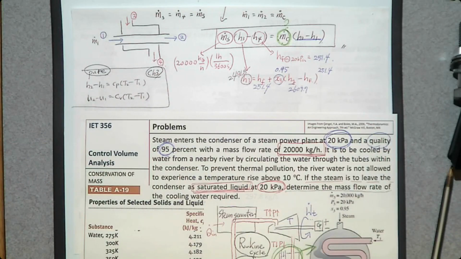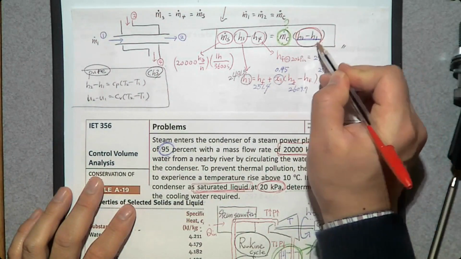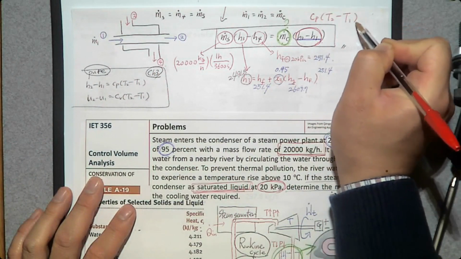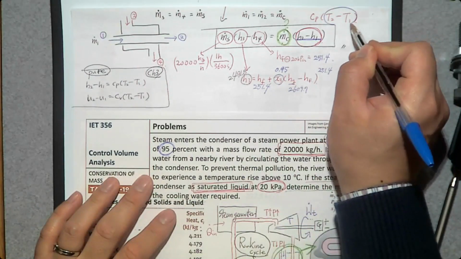We can use Cp (T2 minus T1). What is T2 minus T1? The temperature rise of the river water is only 10 degrees Celsius. So this whole thing is going to be just 10.